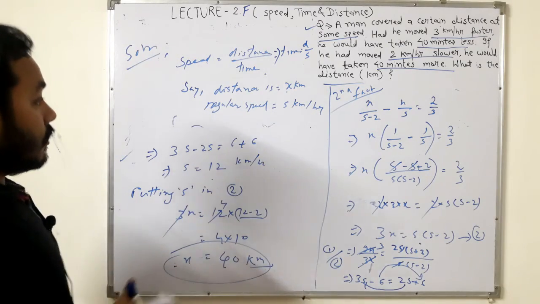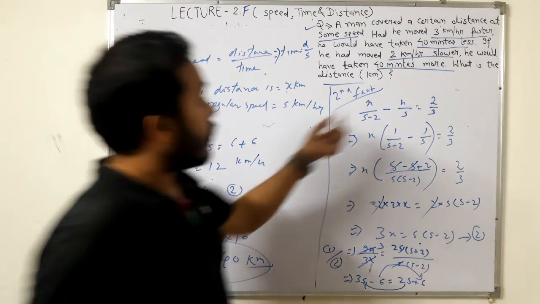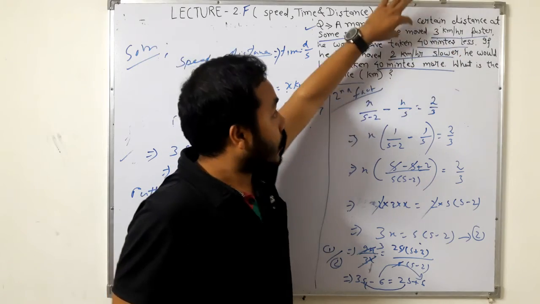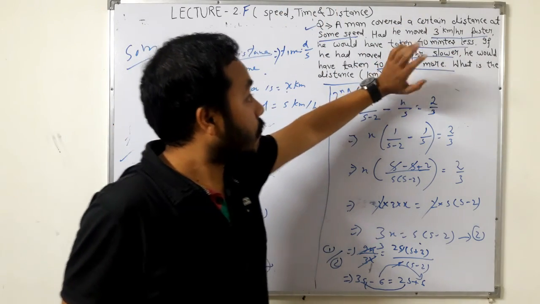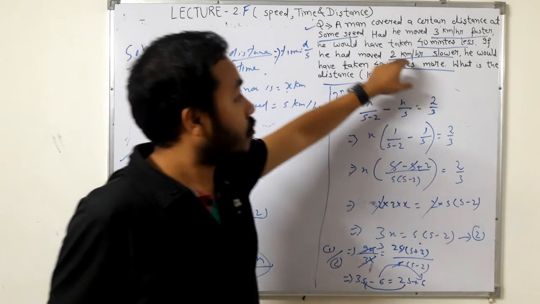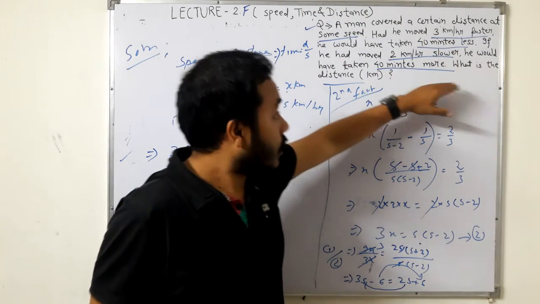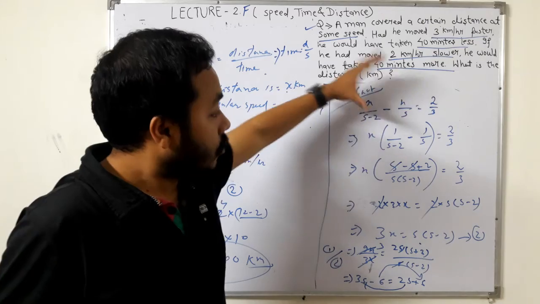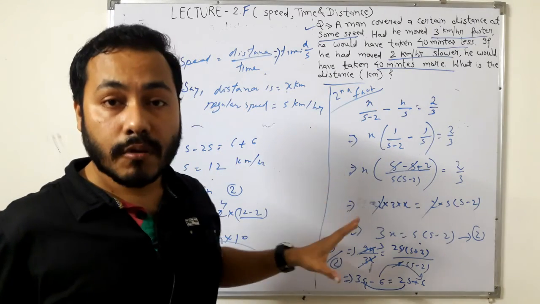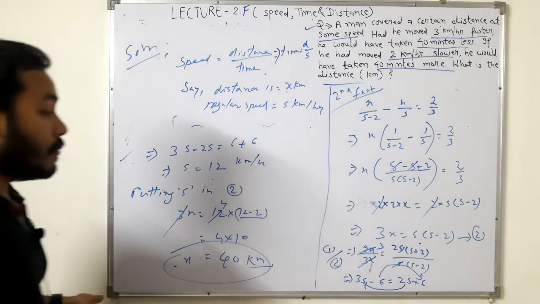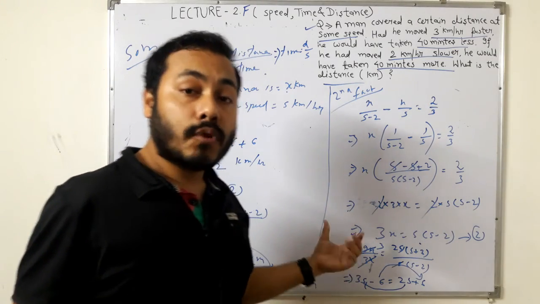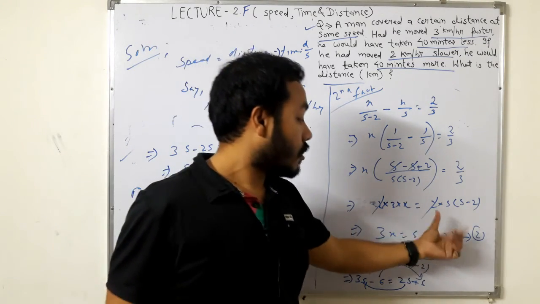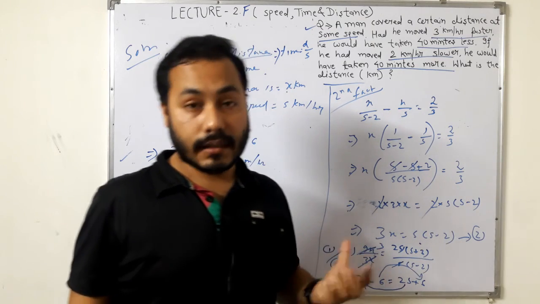We applied that to form two equations with respect to the given facts: one case when he moved 3 km/h faster, taking 40 minutes less, and one case when he moved 2 km/h slower, taking 40 minutes more. Using these facts, we formed two equations. Then with some simplifications, we derived the value of s, and putting the s value in either equation number 1 or 2, we got the value of the distance.